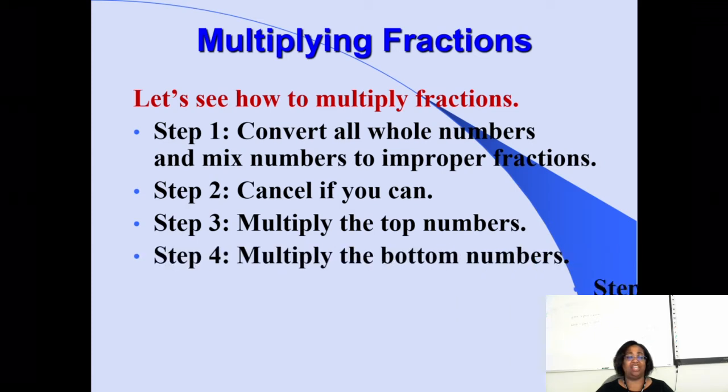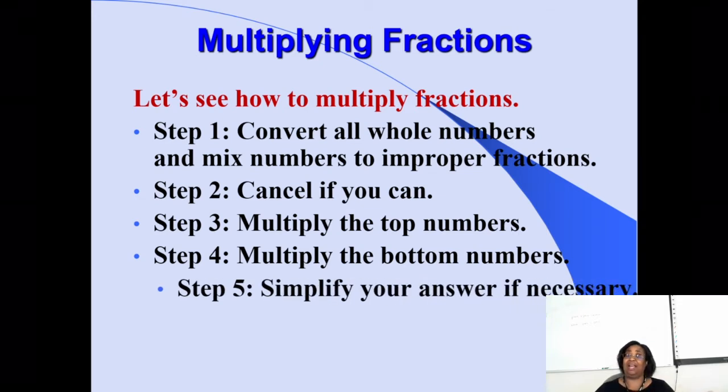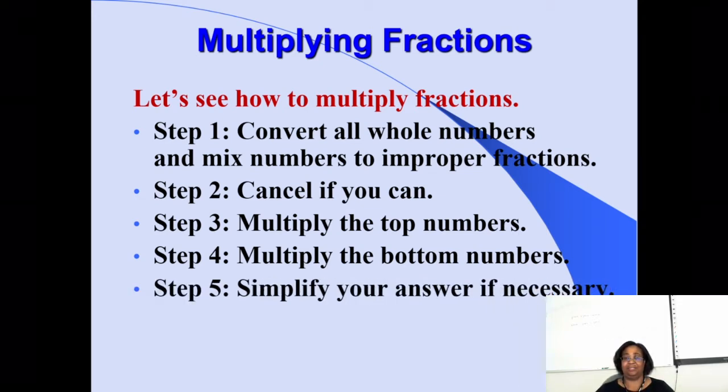And always check your answer to see if it can be reduced further, because you might have forgotten one, okay? So those are the steps, and I think I already listed these steps for you guys on your packet. Oh, okay, it's on page 4 in your packet. But you'll notice on page 2 and 3, we did some practice with mixed numbers and improper fractions before we started multiplying.